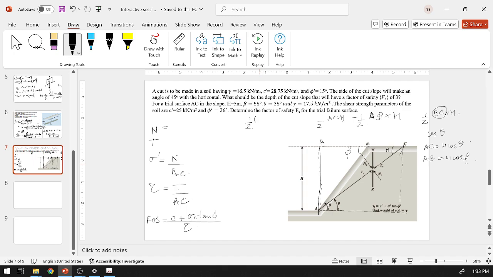Not cos, it should be tan. Tan beta is equal to h by AB, tan theta equals h by AC. So AC is equal to h by tan theta, and AB is equal to h by tan beta.